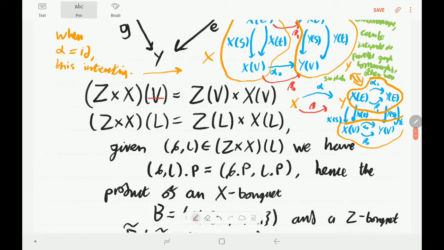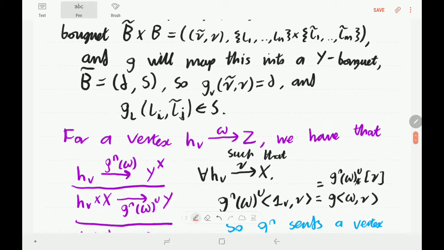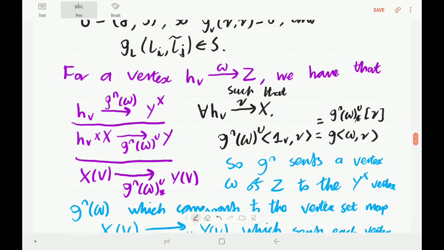Well, its vertices are going to be pairs of vertices from Z and vertices from X. Its loops, similarly, are pairs of loops from Z and loops from X. What's the vertex of a given loop? Well, just find the vertices of the two paired loops, and that pair of vertices will be the vertex of the pair of loops in the product.